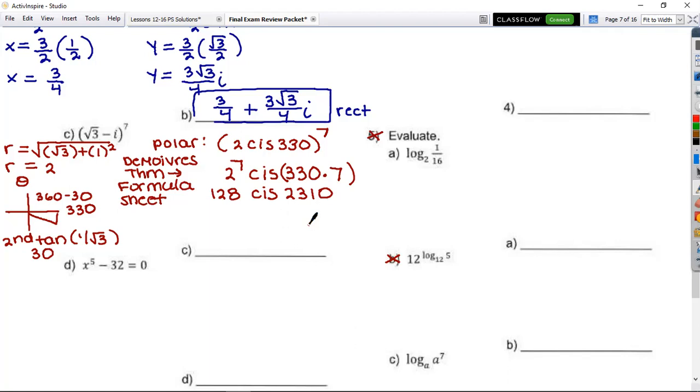You're going to have to do this a couple of times. I got 150. You're looking for something coterminal. So I get an answer of 128 cos plus I sine of 150. That's your first answer. That's polar.